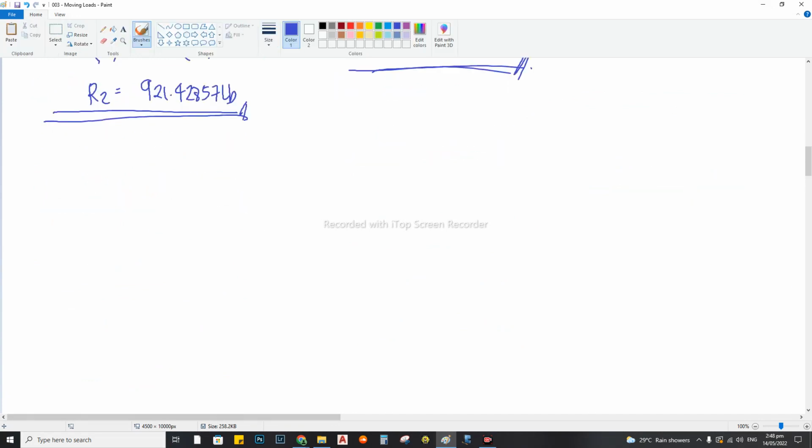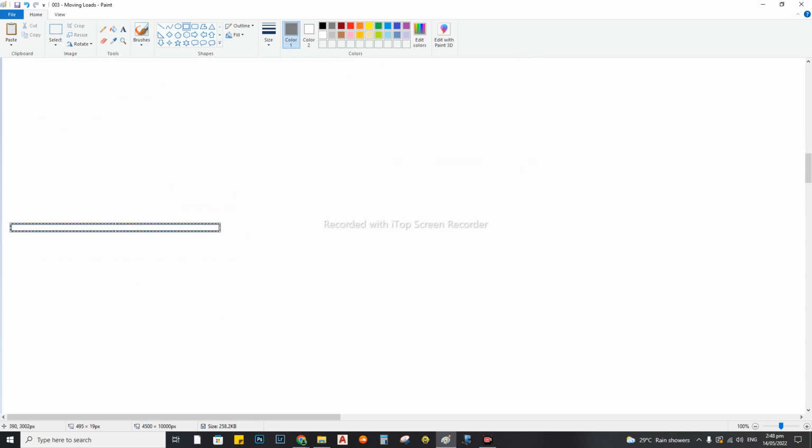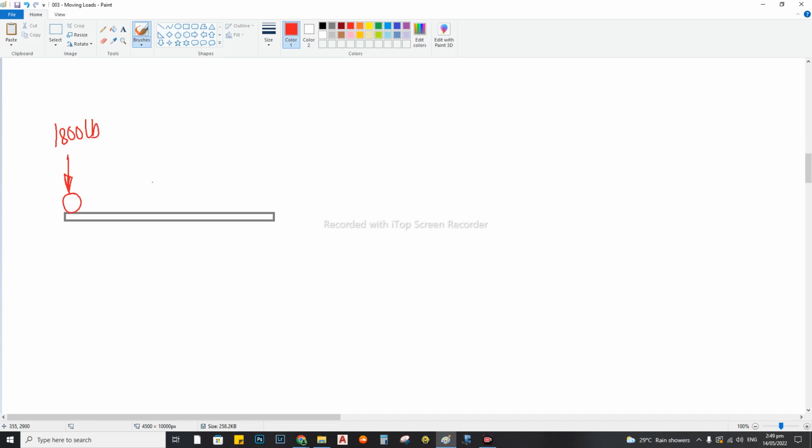So ang maximum nga shearing support, ibutang lang nimo ang largest load sa pinakaduol niya nga support. So itong maximum shearing force, so namatay 1,800, we also have 1,200. So si 1,800, ito ibutang sa pinaka-left. So we have 1,800 pounds.